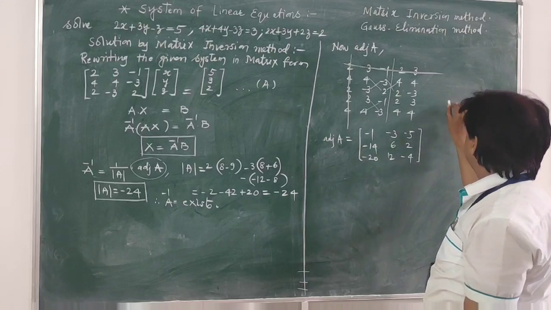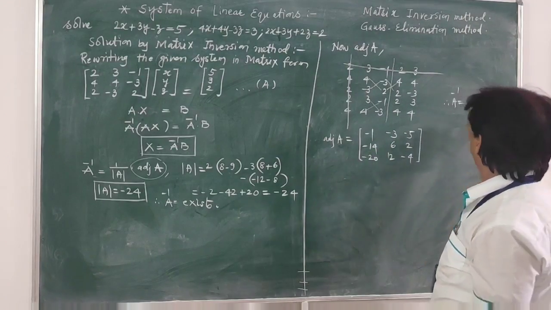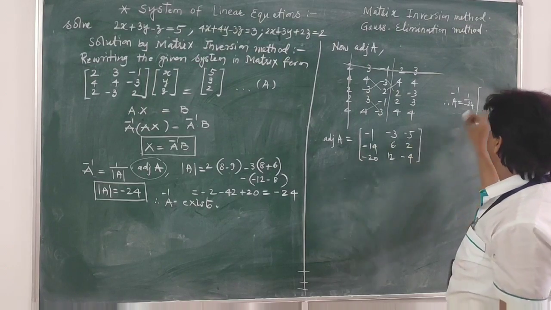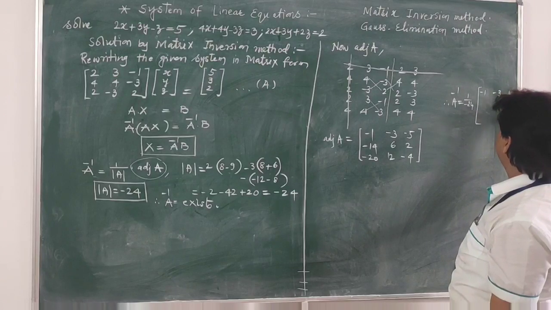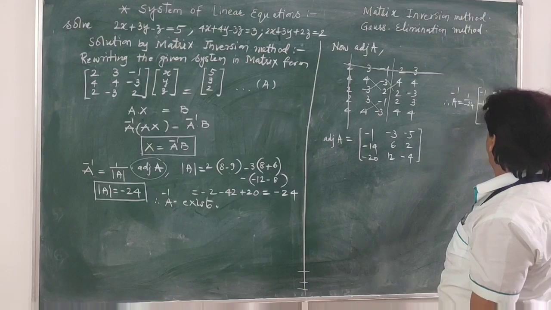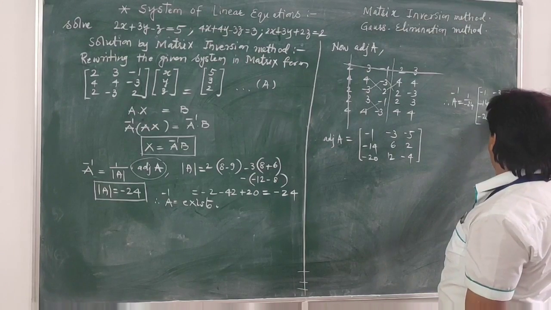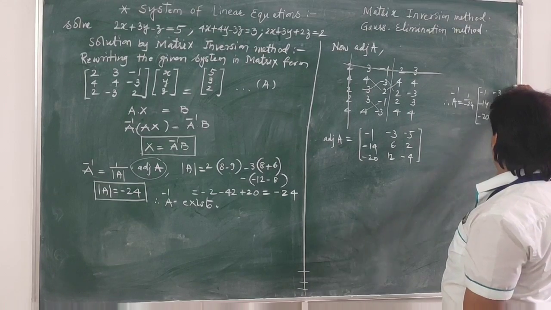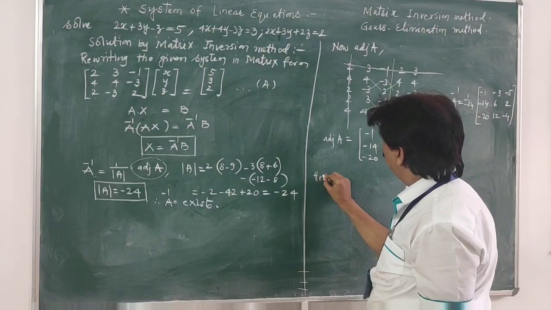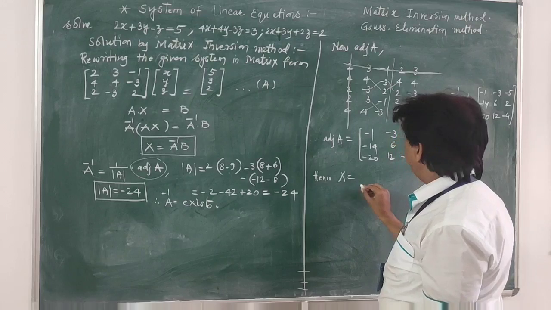So therefore A inverse is equal to 1 upon determinant of A, 1 upon minus 24 into adjoint of A, which is minus 1, minus 3, minus 5, minus 14, 6 plus 2, minus 20, 12, and minus 4. And by this formula, hence capital X is equal to A inverse B.